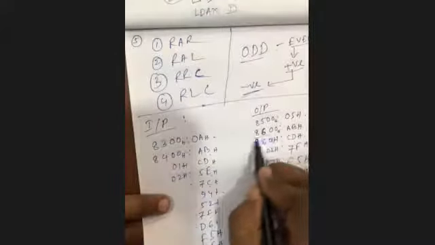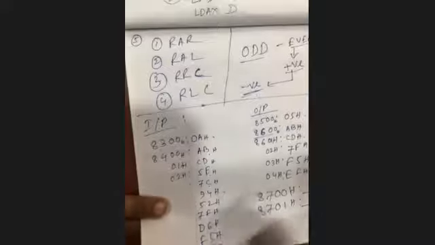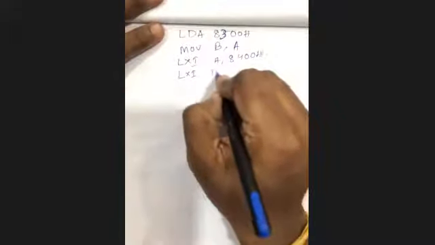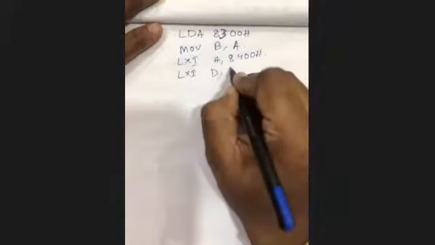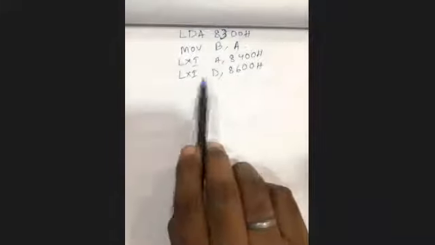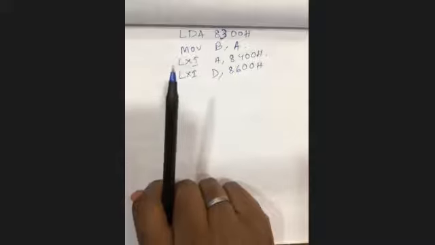Then next, the data will be copied into 8600H. There is a lot of data, so it should be stored through a register pair. LXI B can be used, but I am not using B, I am using D, 8600H. Why am I not using B? The answer will be given by you, not by me.